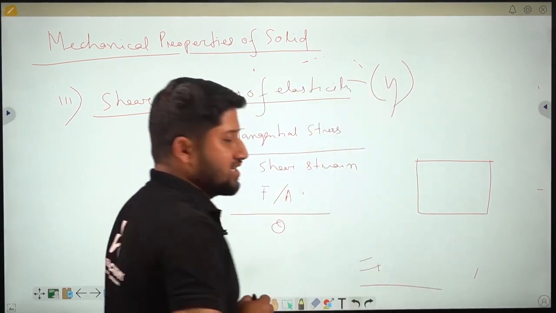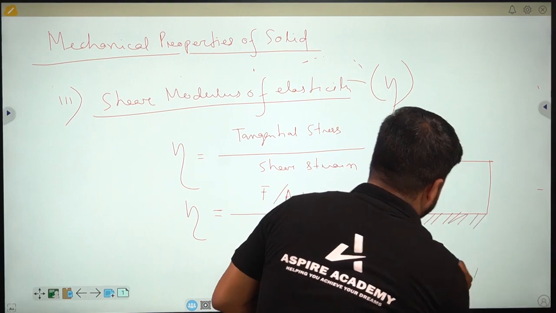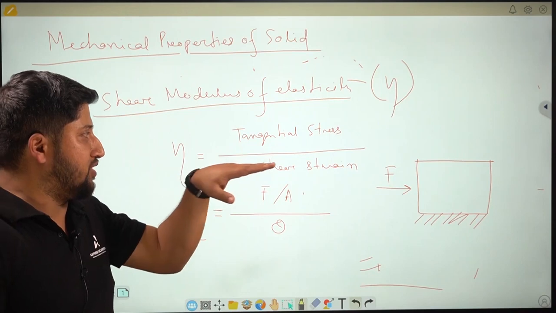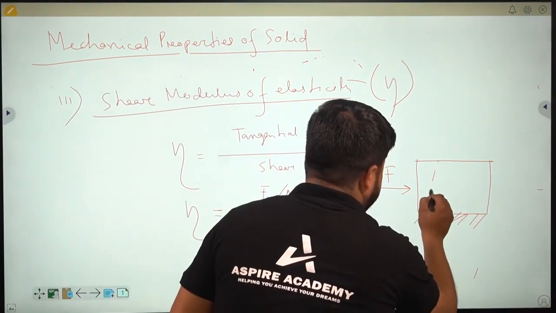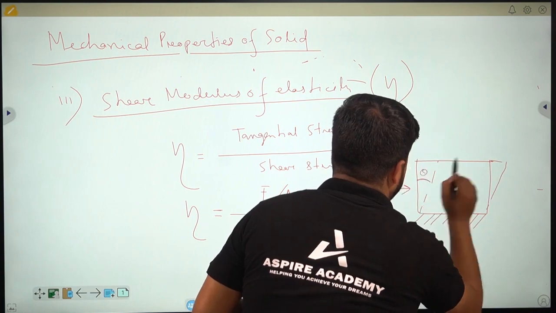If we want, we can consider one block, and the base is fixed. If the base is fixed and we apply a force parallel to the block, what happens? This side is bent. How much is it bent? By theta.